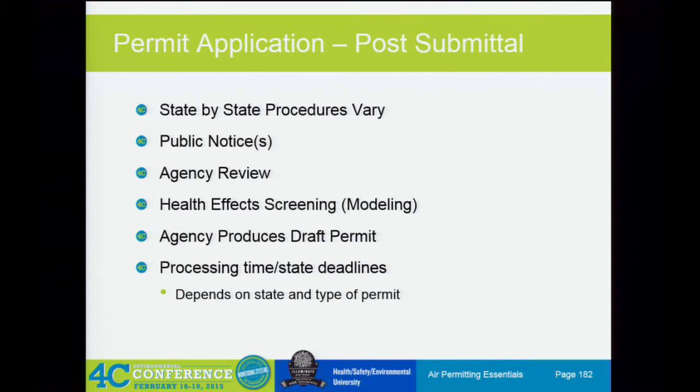This public notice can come at the beginning, at the end, or both. And of course, processing and timing vary drastically from state to state, from project to project, from reviewer to reviewer. There are so many factors that influence timing, so it's hard to guess.